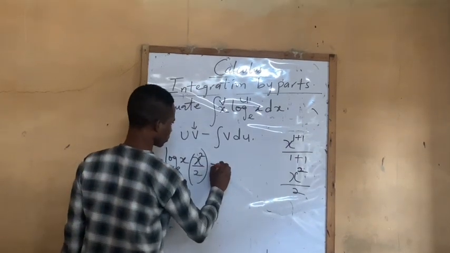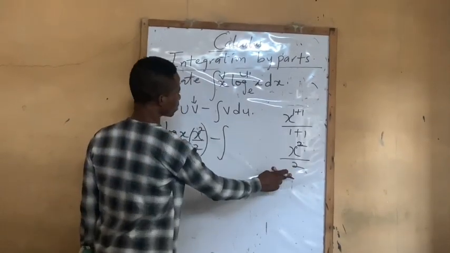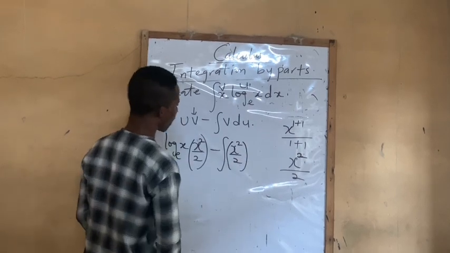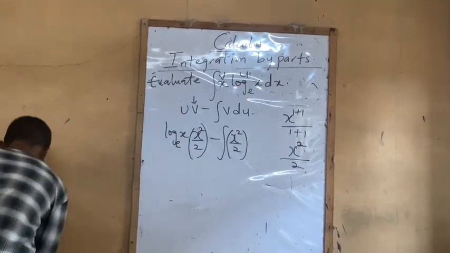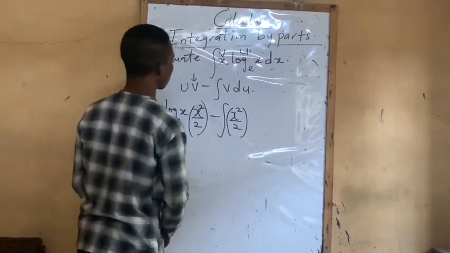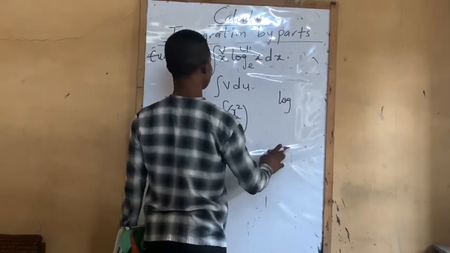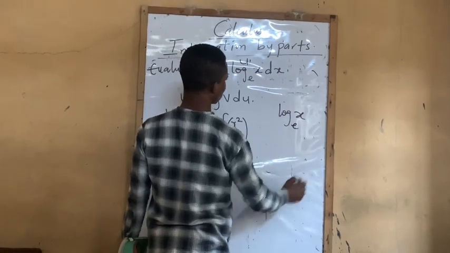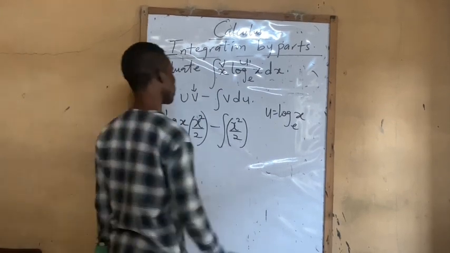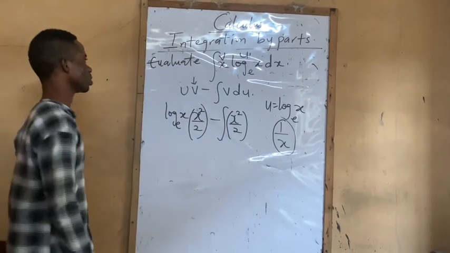Minus integral of v. And what's my v now? My v is this, x squared all over 2. And how will I get my du? You know that our u is actually log x base e. If I differentiate this, it's going to give me 1 all over x.